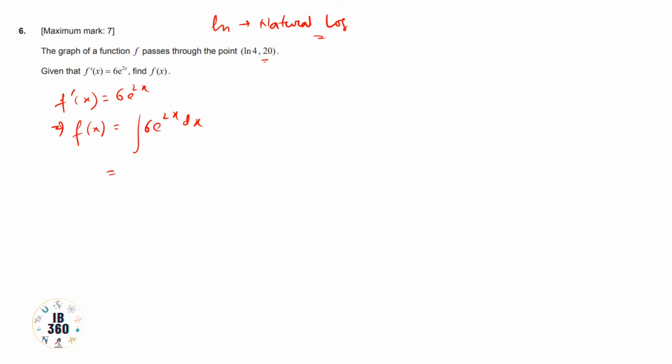So 6 is the constant term, so 6 times the integration of e to the power 2x dx. So 6 into e to the power 2x divided by 2, from the formula: the integration of e to the power ax dx is e to the power ax divided by a plus c. c is the integral constant, which we have to add because it is not a definite integral.